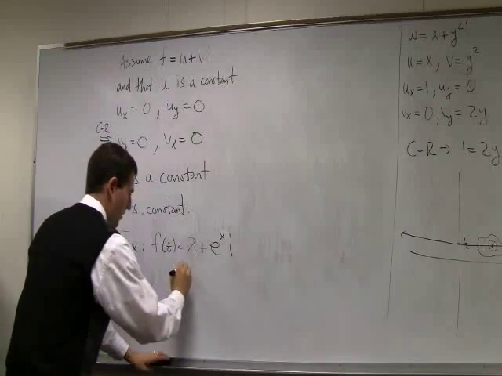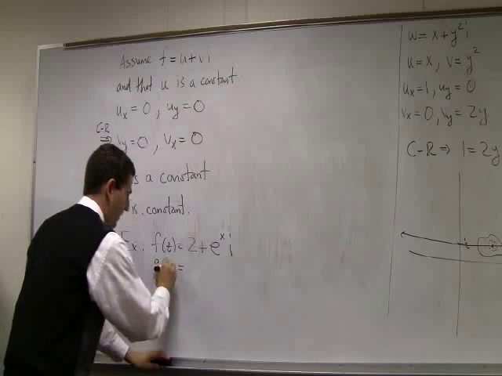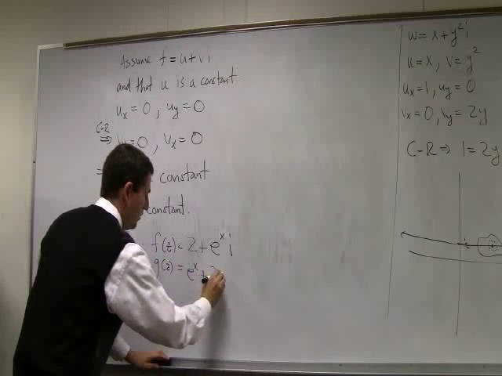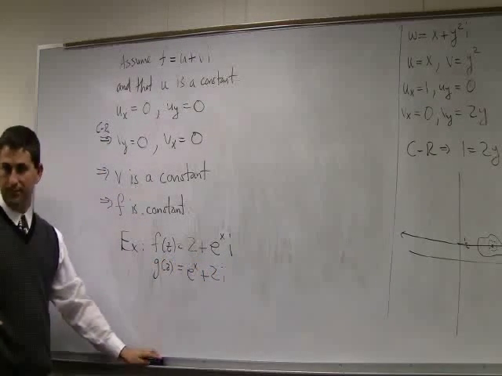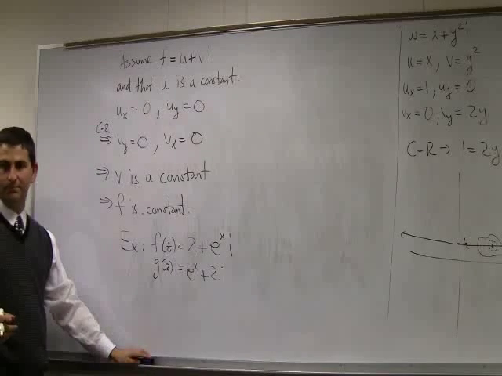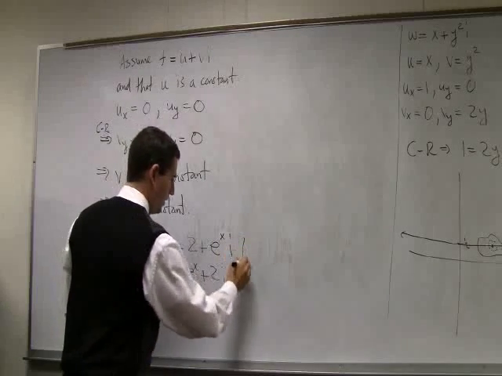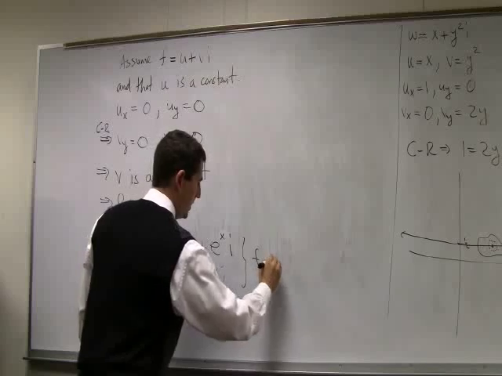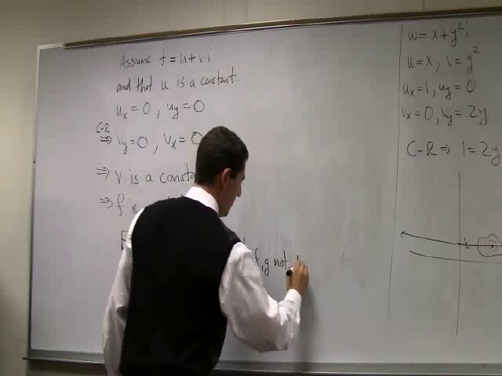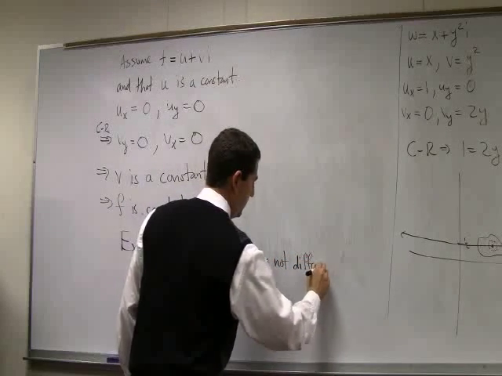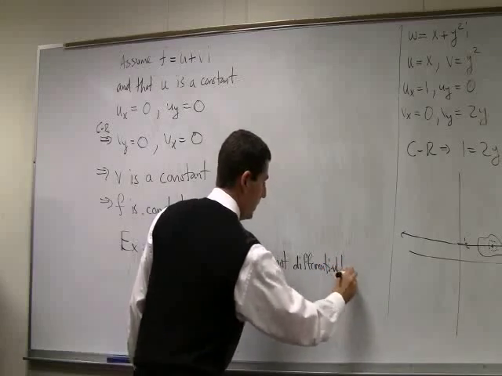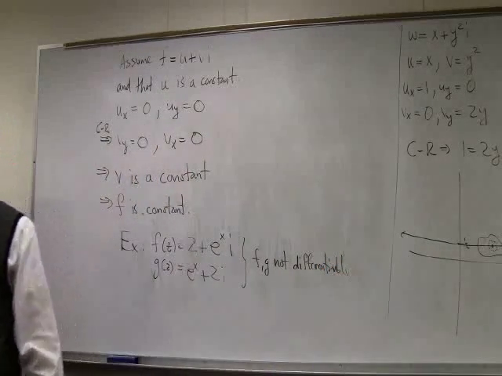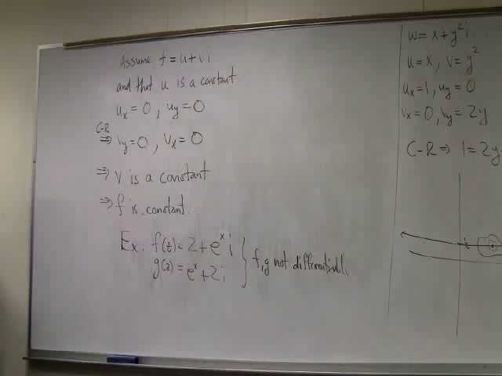So g of z is e to the x plus 2i. Either case, f, g, not differentiable, not analytic anywhere. There's nowhere that they're differentiable. Which is kind of strange.